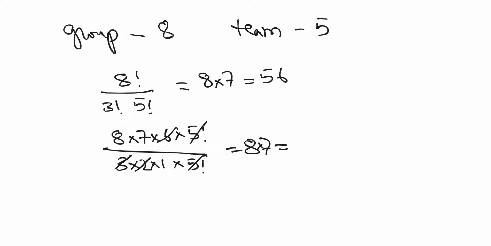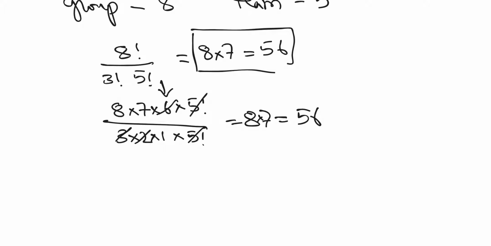So I have done this here without going through this step, and the only reason I can do that is because I have practiced this enough. So if I have done this factorial practice, factorial division, or this type of question many times, then I see this and I can just quickly jump to this setup.